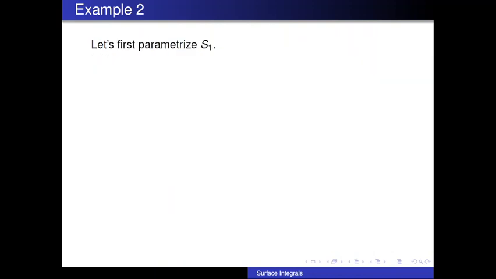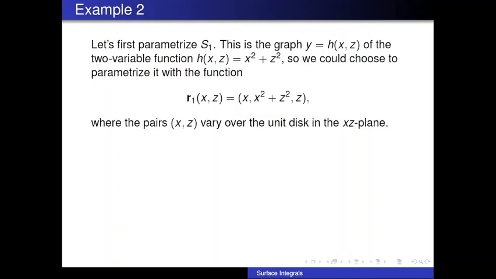So let's start with S1. Notice that it is the graph of a two-variable function where y is the dependent variable and x and z are the independent variables. But that's fine, it's still a graph that way. So if we let h of x, z be x squared plus z squared, then y equals h of x, z, and that graph is that piece S1 as long as we restrict x, z to the unit disk in the xz plane.